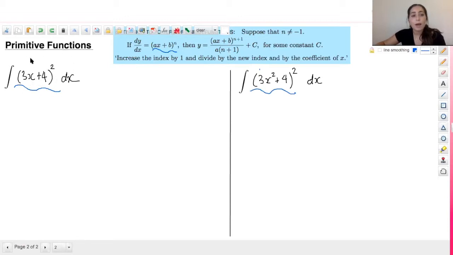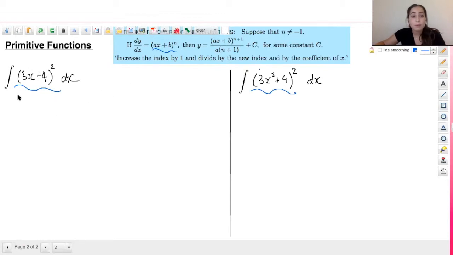So if you look inside, we're going to use this formula here, which states that the integral of (ax + b) to the power of n is given by (ax + b) to the power of n + 1, so we add 1 to the power, and then we divide by the new power and multiply that by the coefficient of x, which is a. So the reason we can apply this rule to this specific example is because in the brackets exists 3x + 4, and that is a linear function essentially. So 3x + 4 satisfies this requirement, and therefore we can use it for this question.